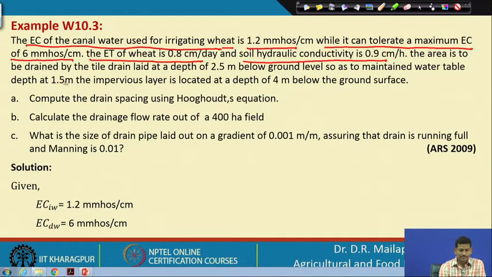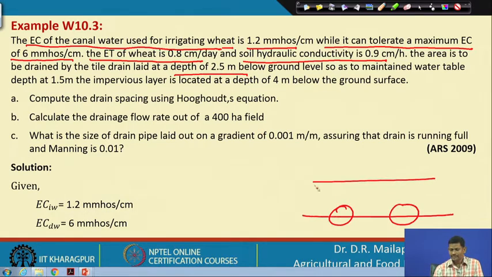The area is to be drained by the tile drain laid at 2.5 meter below the ground level. So, the tiles are laid at 2.5 meter below the ground, okay, and the water table is maintained at 1.5 meter.